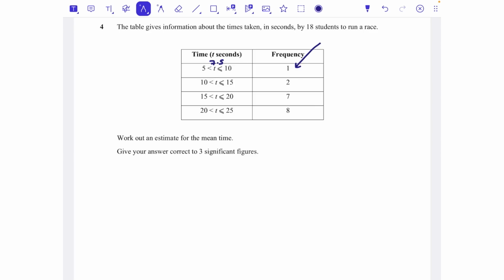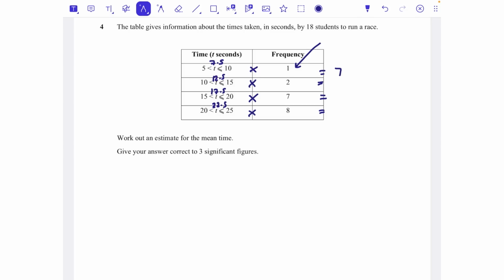For the next students, we're going to say 12.5, then we're going to say 17.5, and then we're going to say 22.5. So that's in the middle of each of the categories. We then say one of those, 2 students each going 12.5 seconds, 7 students each doing 17.5, and 8 students doing 22.5. We times across, we add all of that together.